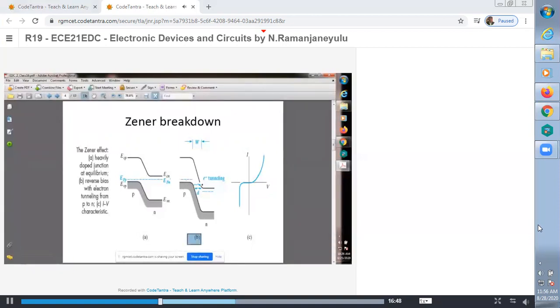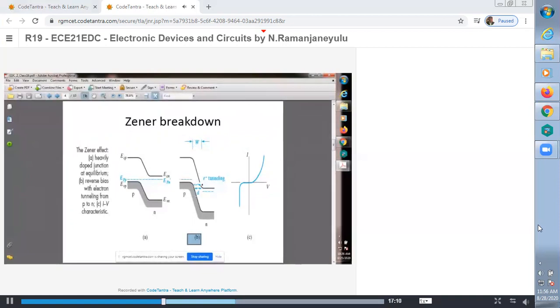Now the energy bands look like this. What happened to the width? The depletion layer width is narrow, very small. This is happening due to the heavily doped PN junction as well as the high electric field. Why?